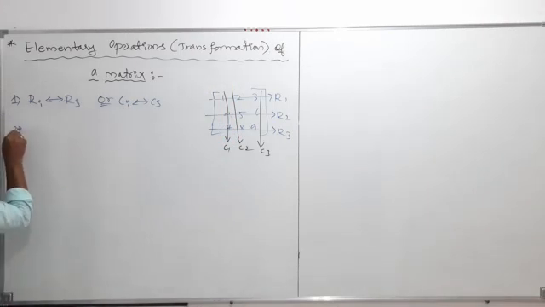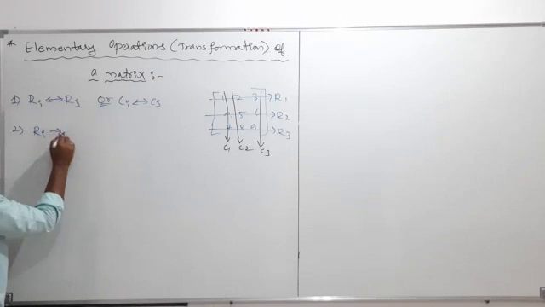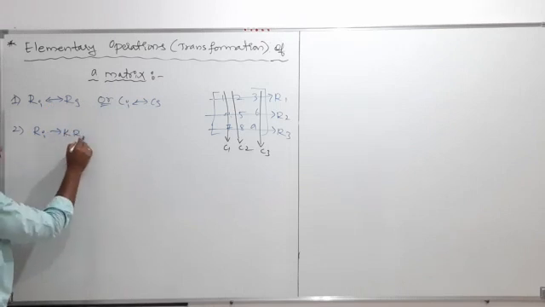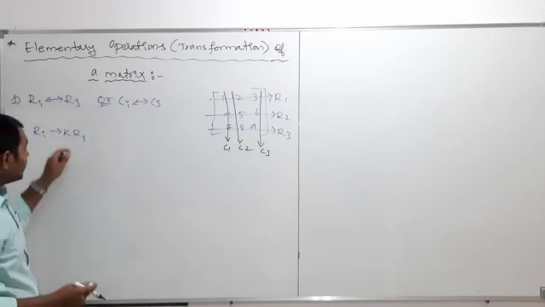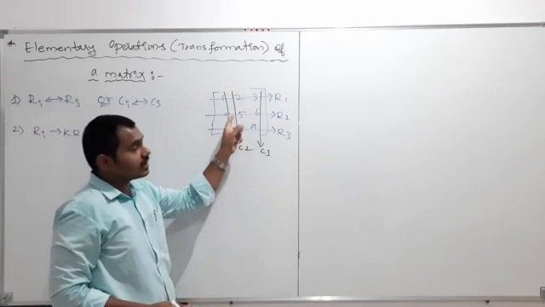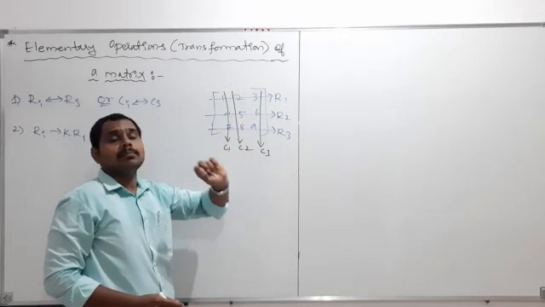And next, second: the elements of any row you can multiply with a non-zero constant k. It means, my dear students, any row of the given matrix you can multiply with a non-zero number.